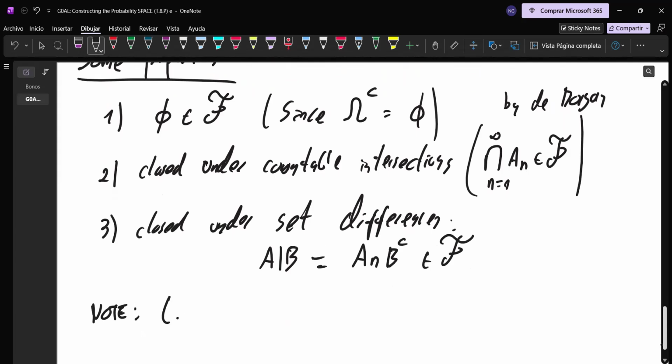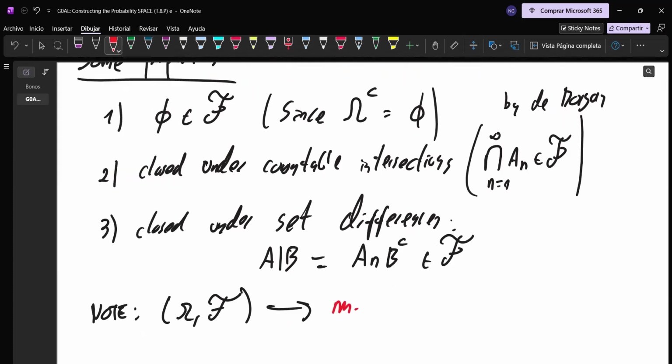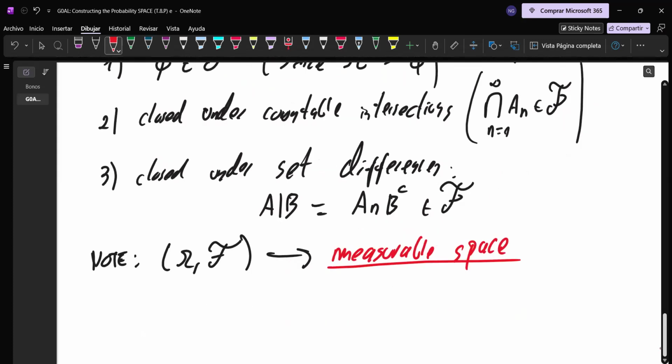This thing is a measurable space. Okay, this is a measurable space, and this is a very important thing.